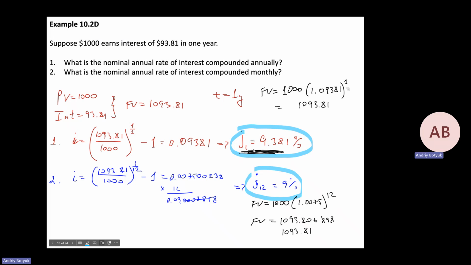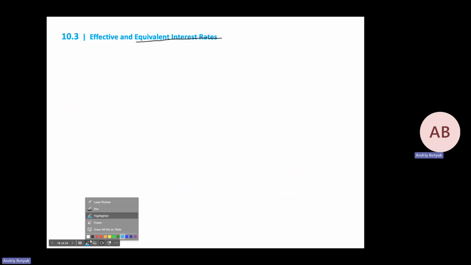And I say that 9.381% is the effective interest rate for 9% compounded monthly, because they do the same job. Okay? Understand? That's what effective and equivalent rates are. That's how they relate.